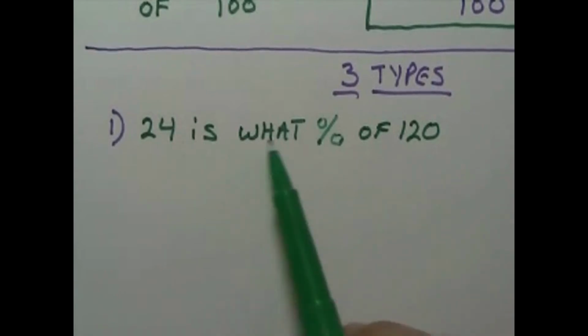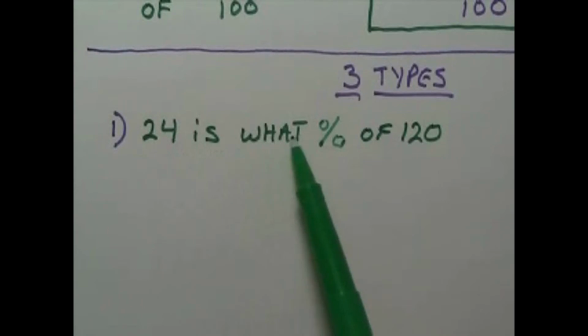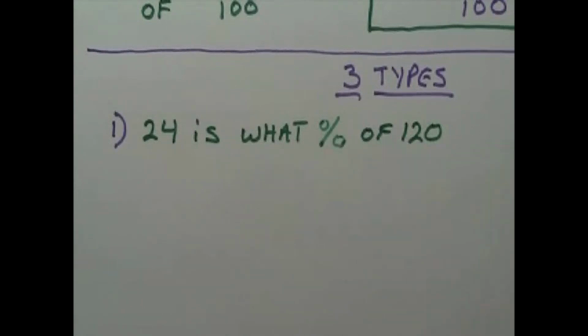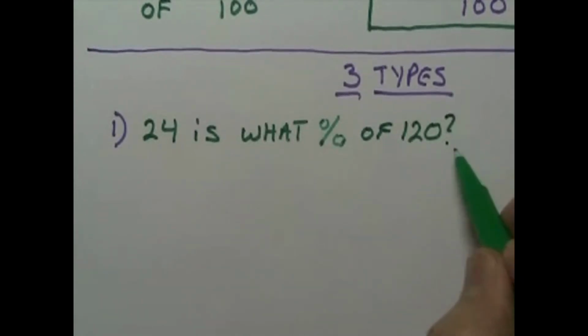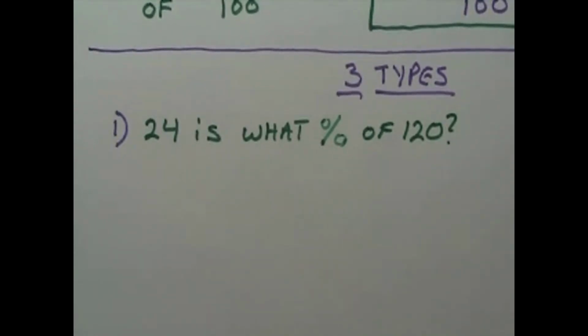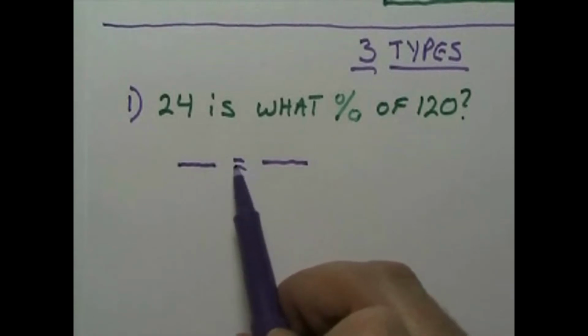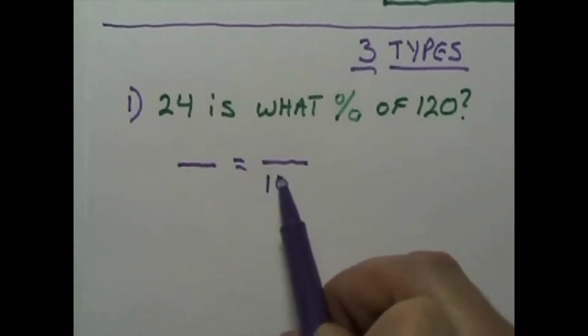Okay, so here's the first type of problem. It says 24 is what percent of 120? The first thing we do is set up our proportion. So you have these two bars equals each other and then 100 down below.